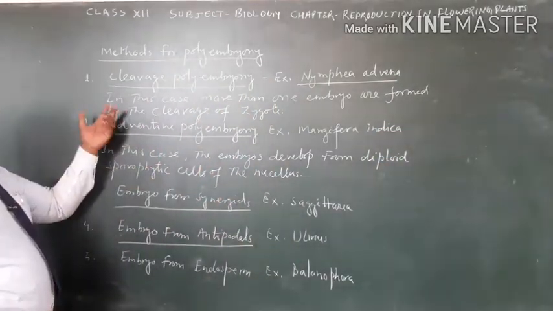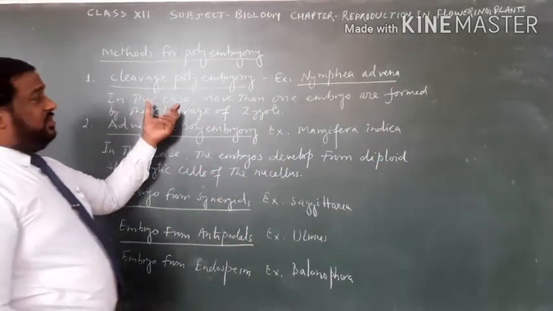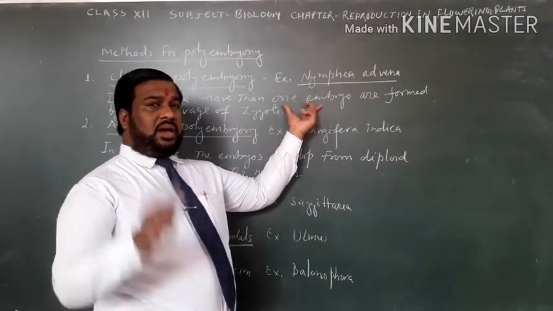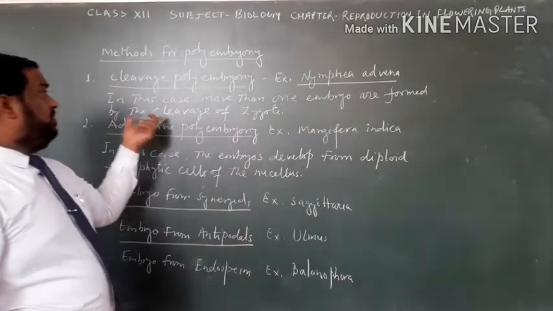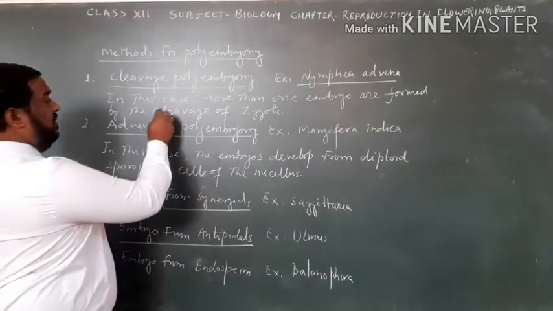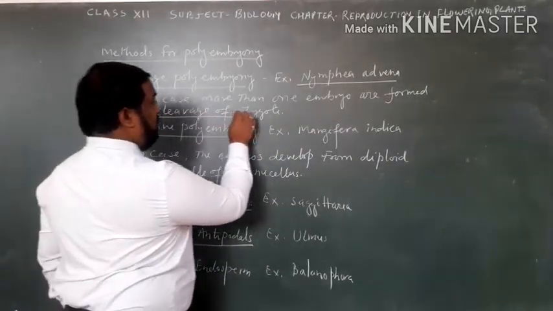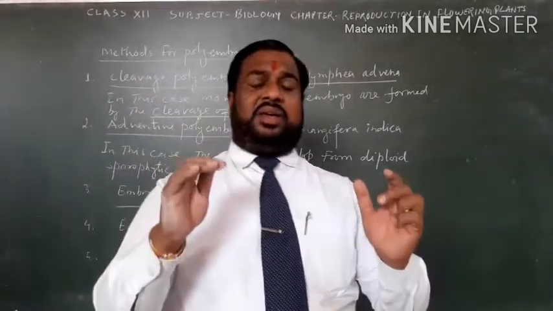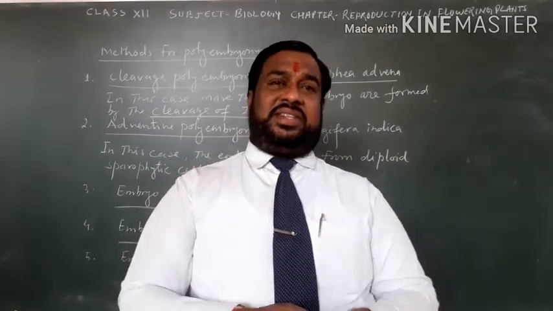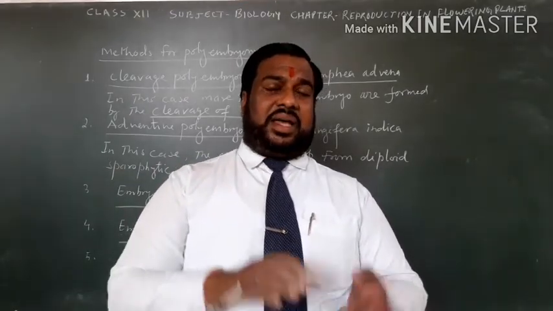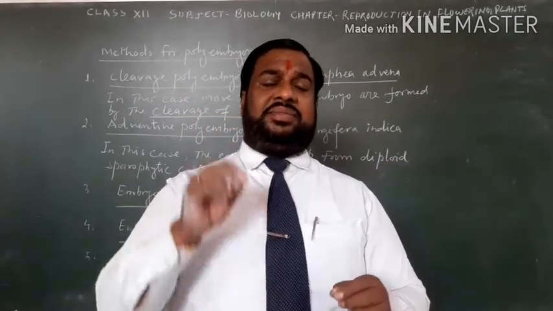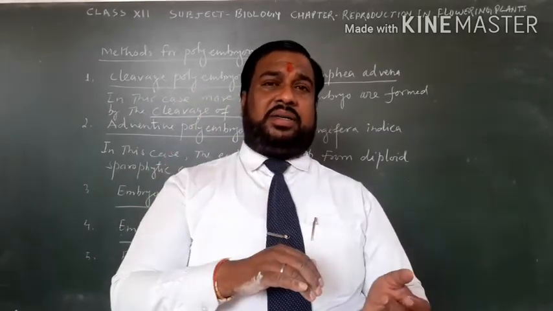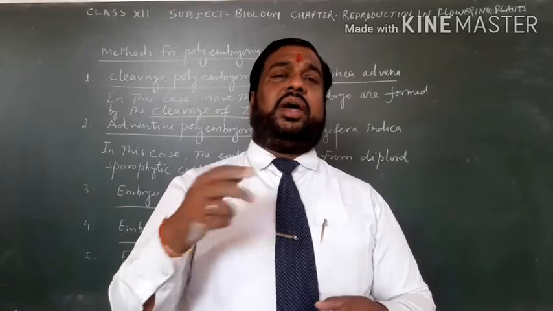What happens here? In this case, more than one embryo is found during cleavage of the zygote. Means the zygote divides, and after the division both parts develop into two embryos.